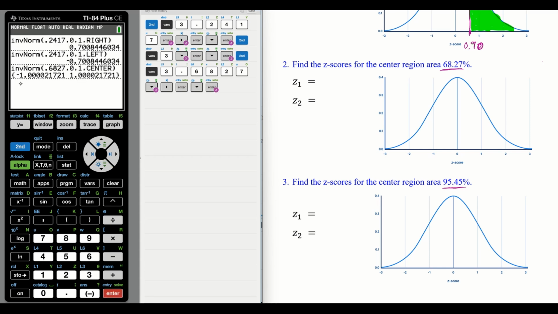Okay, let's take a keen look at what we have. You can see that we're absolutely forced into rounding for Z1, which is over here. I'm going to call that Z1. That is -1. And for Z2, we're calling that 1.